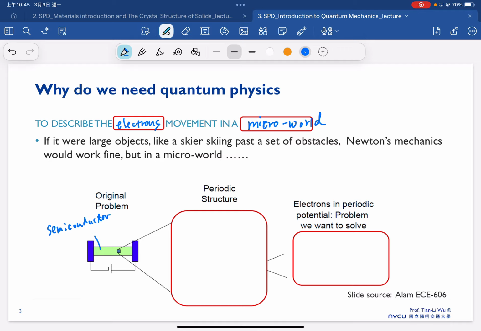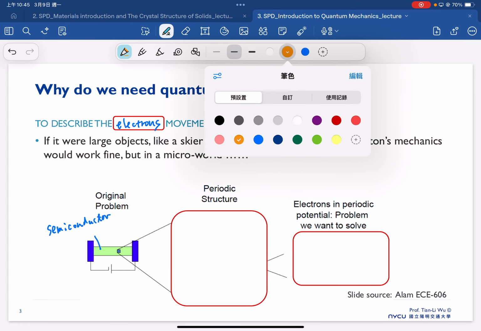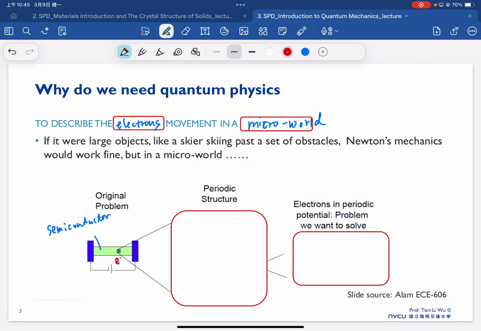What kind of material? It doesn't matter: silicon, compound, doesn't matter. But now we are interested in a carrier, for example an electron, trying to flow in this semiconductor material. How do we understand the electron movement in this piece of semiconductor material?